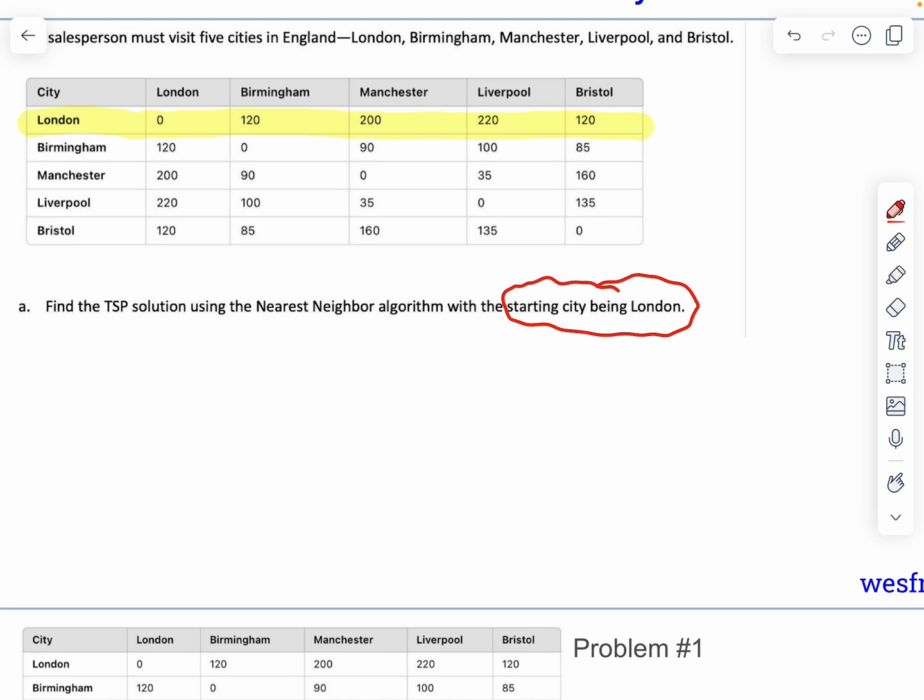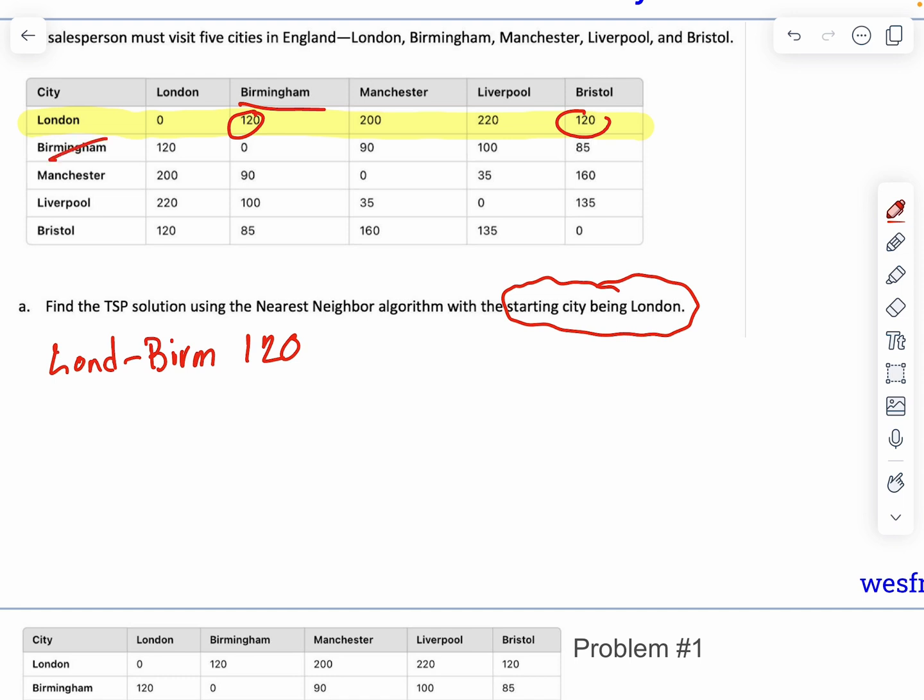I can choose either one. Now, because these are both 120, it really doesn't matter. Either way can work. This is an approximation, and I think I'll go ahead and choose Birmingham. So my first leg is going to be London to Birmingham, and that's going to be 120 miles, okay? I'm going to end up adding all of these up.